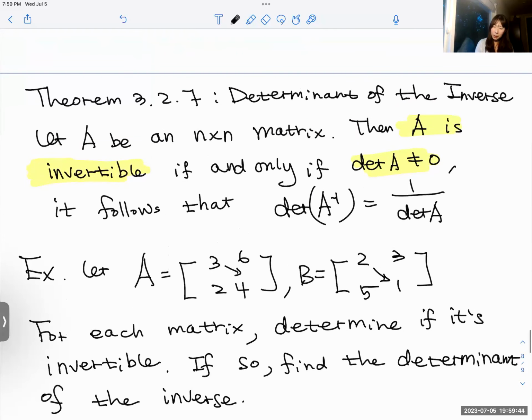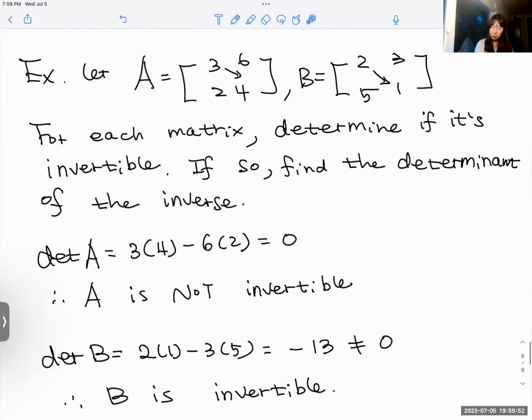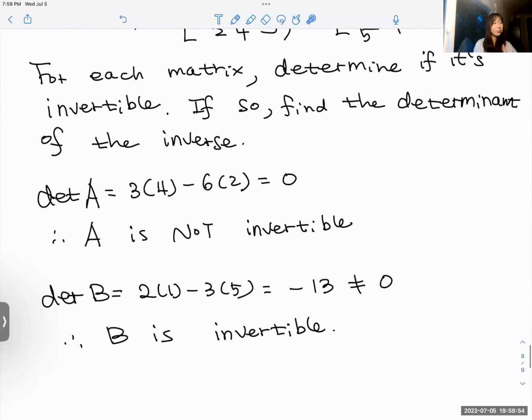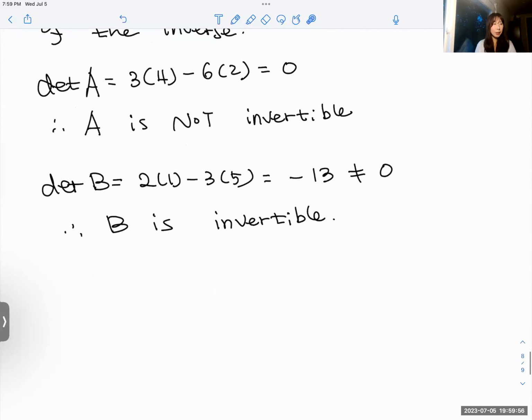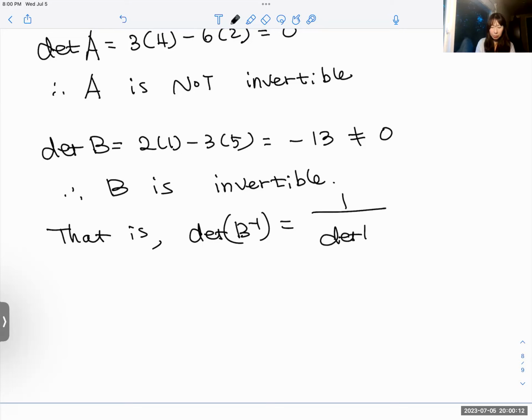If B is invertible, then we can have this one, right? So determinant of inverse. So that is determinant of inverse is the same as 1 over determinant of B, right?